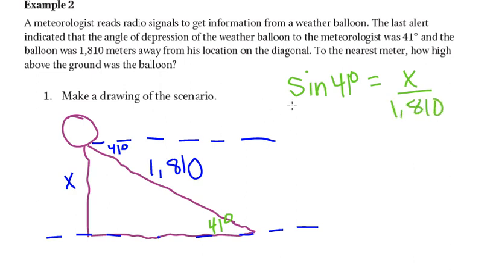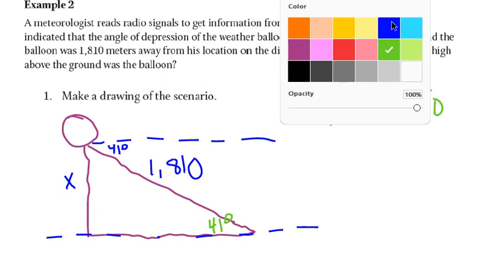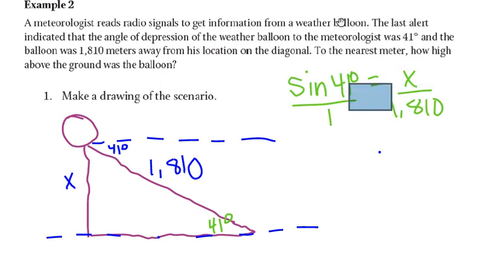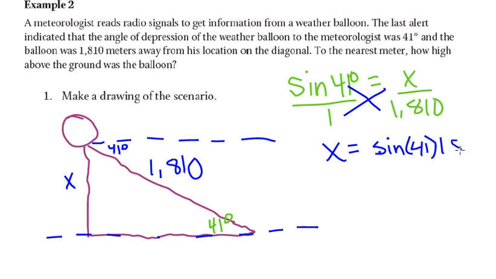So when we solve for x, x is going to be equal to sine of 41 multiplied by 1,810.